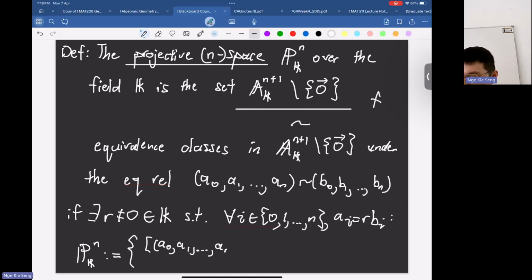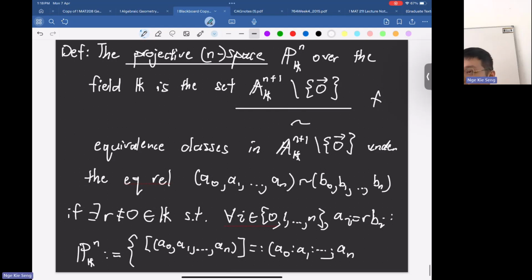So it is represented by a point, right? You just pick an equivalence class. Sometimes we will write this equivalence class with a round bracket, also A0, A1, up to An, but in between we put a colon. Colon, right? Semicolon is like this.